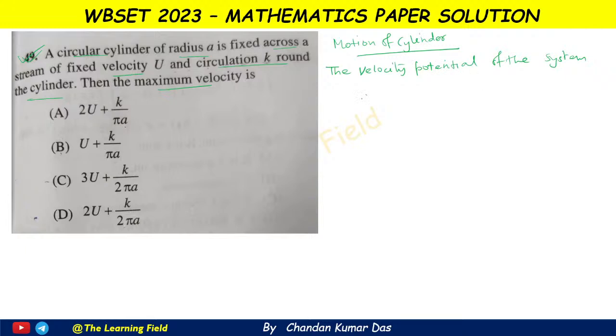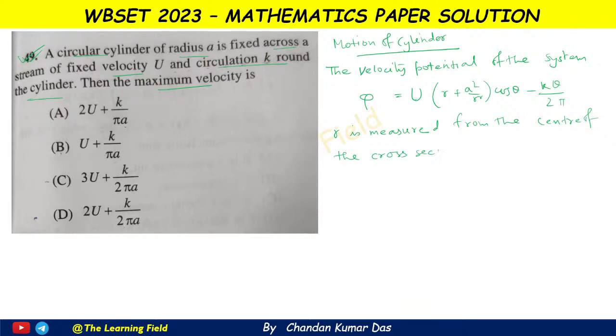We write this term phi, which is equal to capital U into r plus a square by r into cos theta minus k theta by twice pi, where r is measured from the center of the cross section of the cylinder.